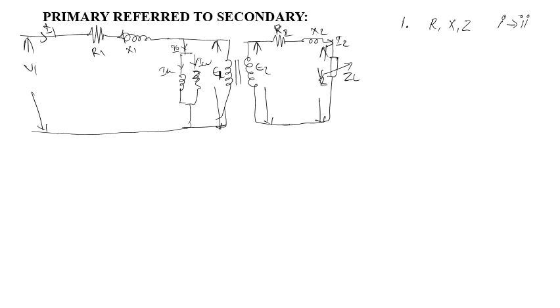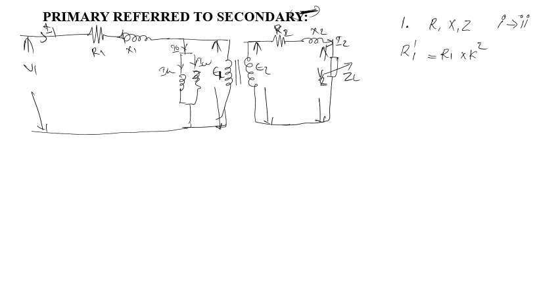When we transfer the primary winding resistance R1 to the secondary, it is known as R1 dash. R1 means primary winding resistance, dash means it is coming from the primary side and is now referred to the secondary. So R1 dash will be equal to R1 into K square.